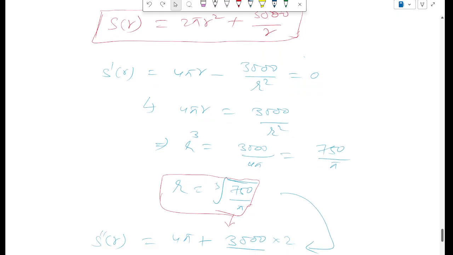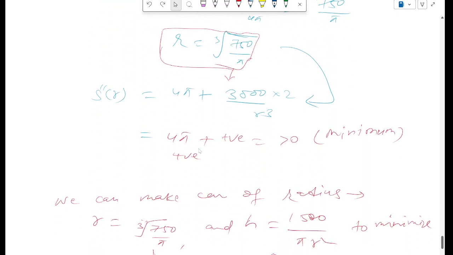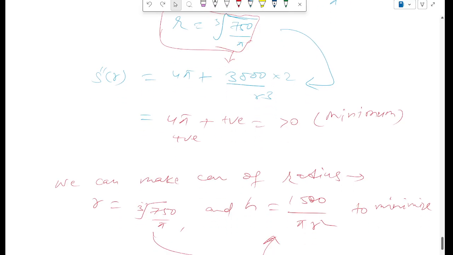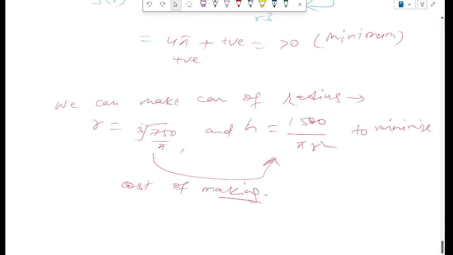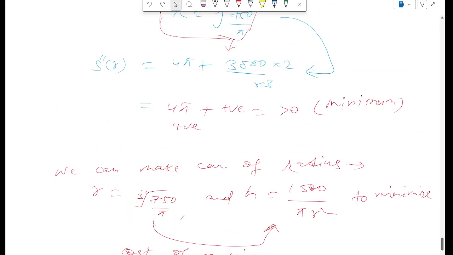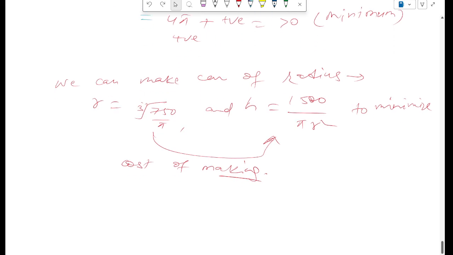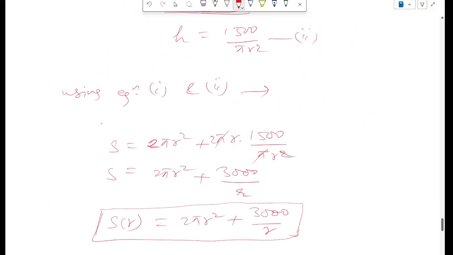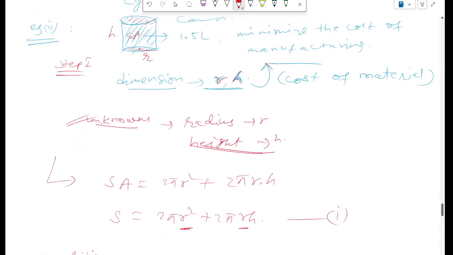So first we calculated the first derivative, and later we checked whether the first derivative giving us radius will ultimately give us minimum or maximum value based on the second derivative test, and then we found out that it is ultimately giving us minimum value, and we calculated that radius and height. So this is how we calculate the optimization problems based on first and second derivative test.